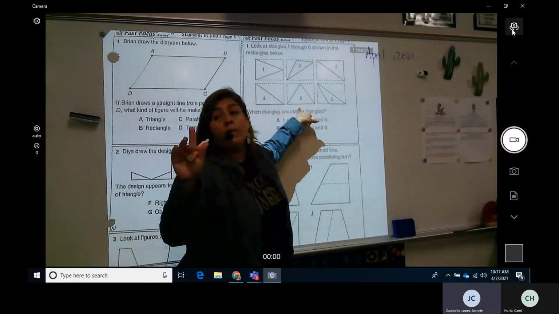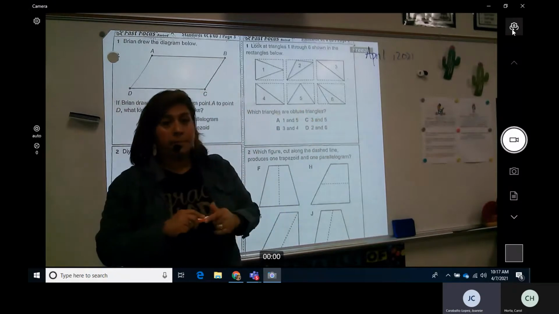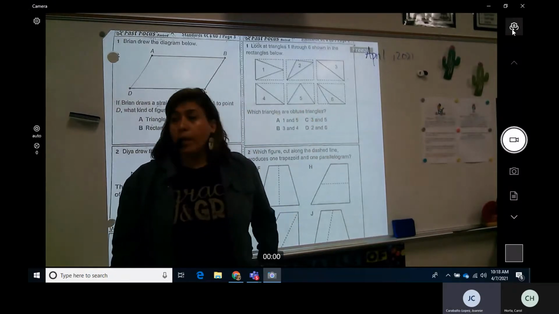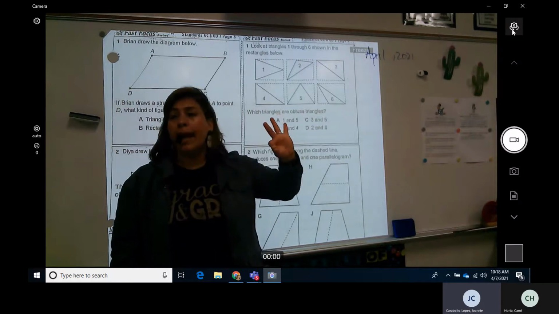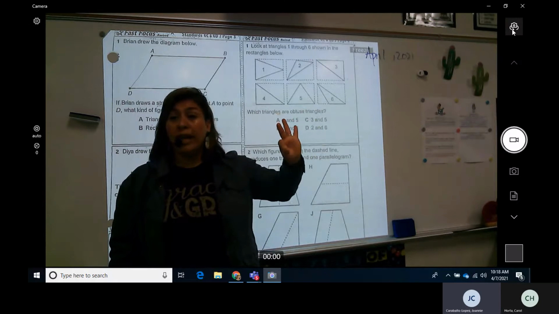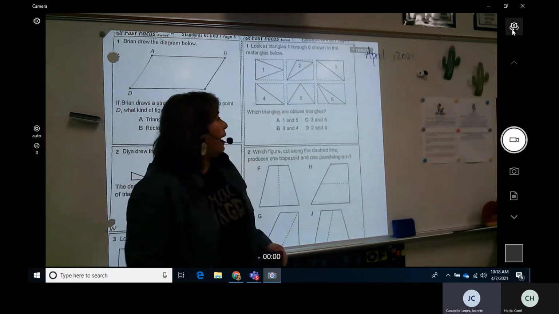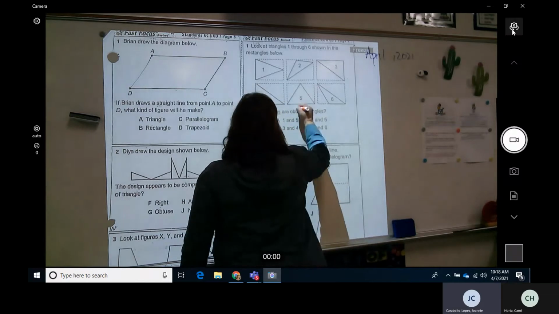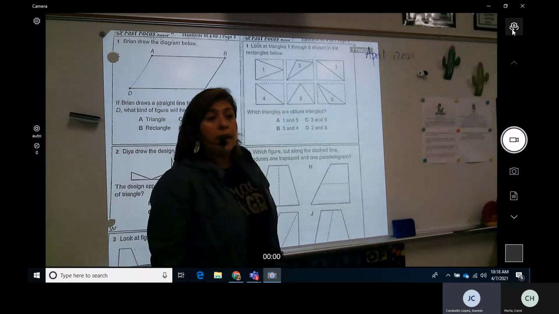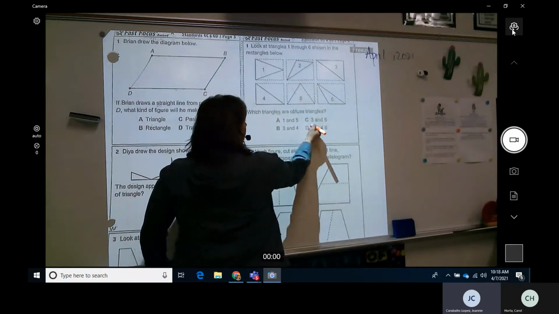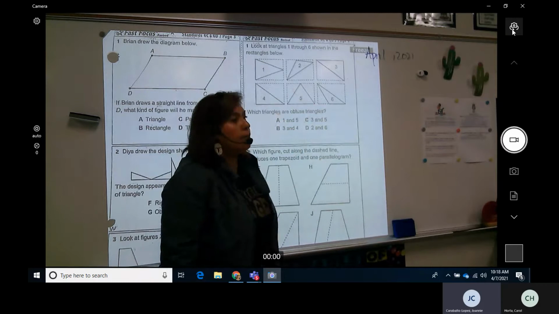Okay, it has acute angles, but what kind of triangle is it? Equilateral. What does that mean? That it has 3 equal sides and 3 acute angles, right? So if I eliminated number 5, which 2 answers did I eliminate? A and C.